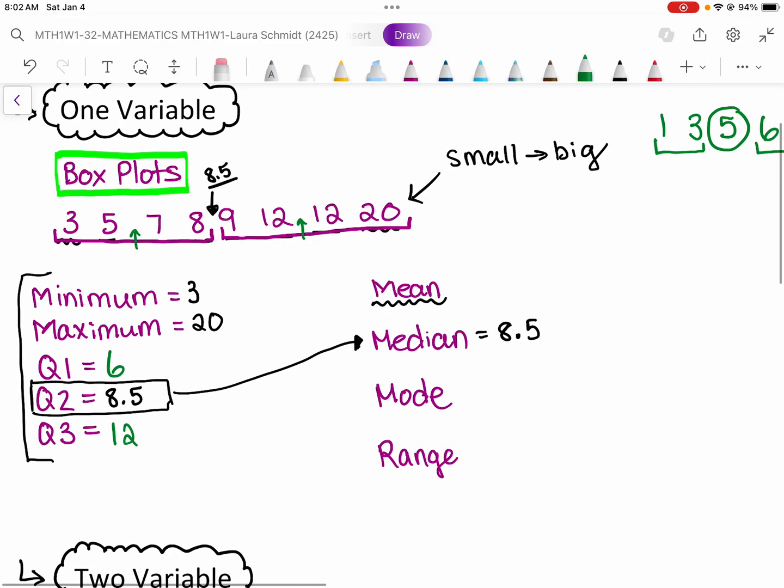So I don't end up using my middle number in a box plot when I'm doing Q1 to Q3. But I can include 8 and 9 in this data set because that's not my middle number. Okay, cool. So we found all the information we need to make a box plot.